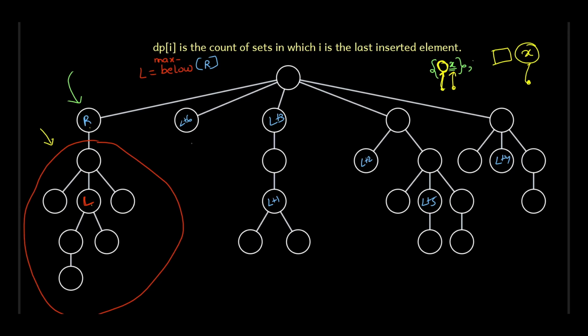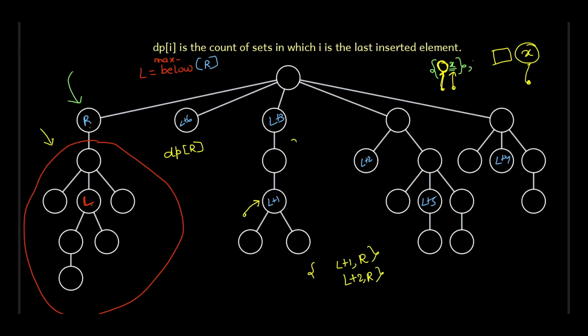So this means this dp of R, if you can find out the number of ways in which this element is the last element to enter, then you can create a new set where these two elements are the last consecutive pair. Or if you can find out the number of ways in which this element is the last element to enter, then you can append these two to create unique sets.